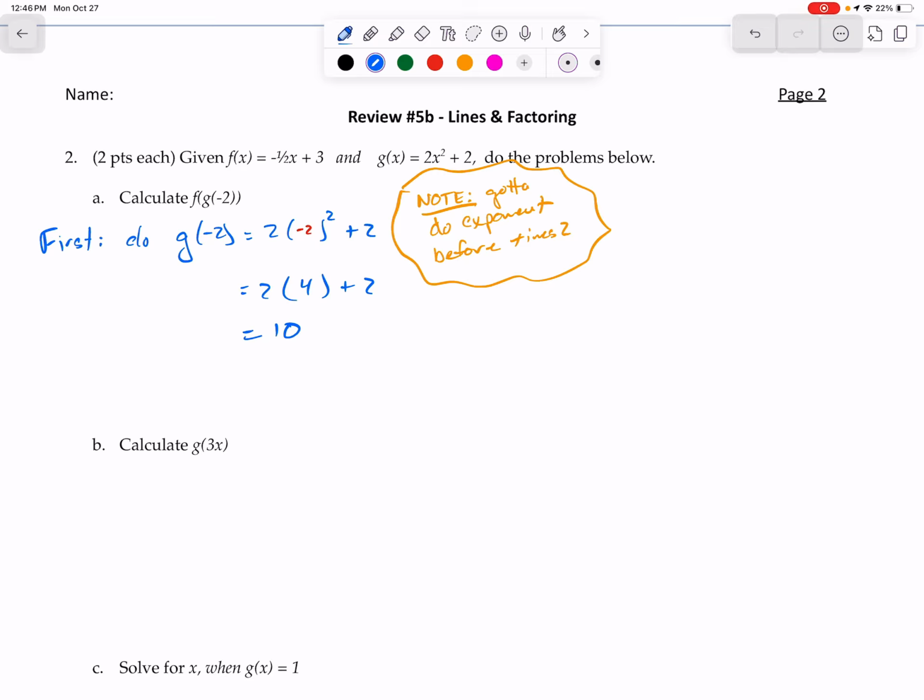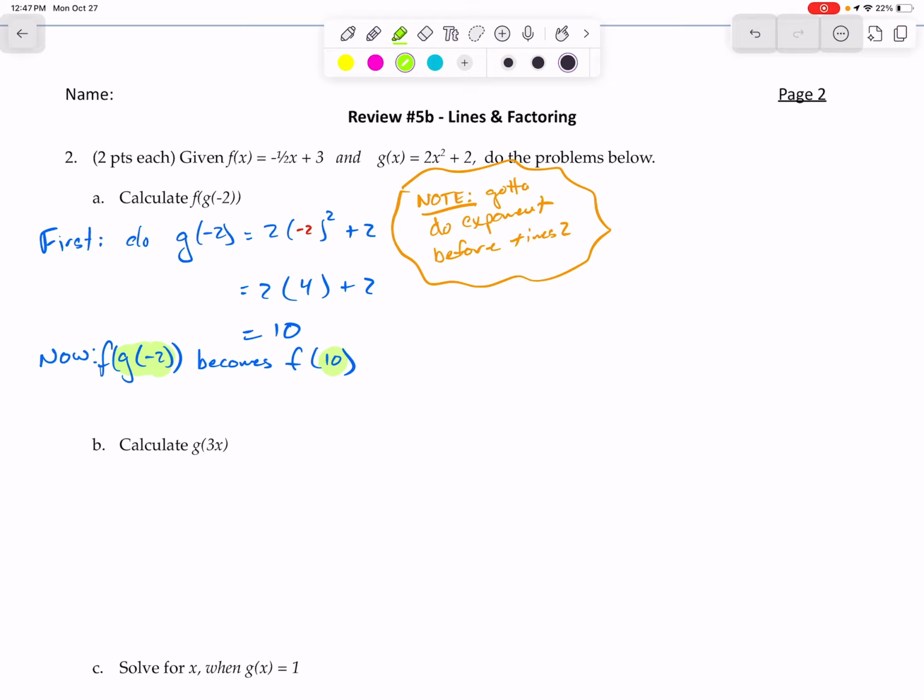Now, come back, pen. f of g of negative 2 becomes f of 10, because g of negative 2 is equal to 10.